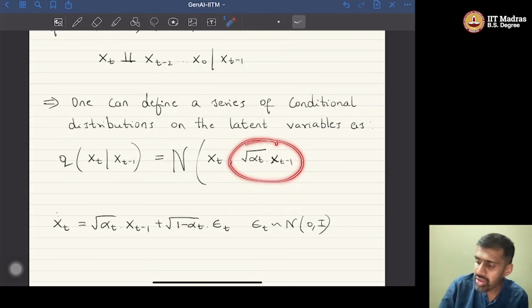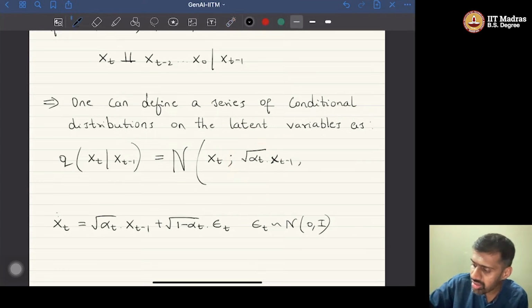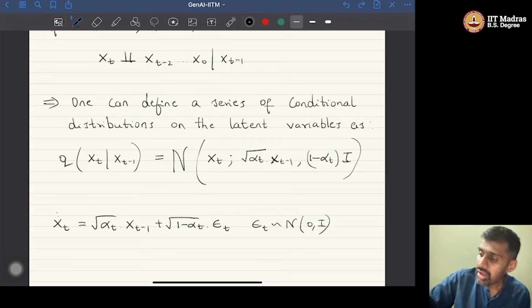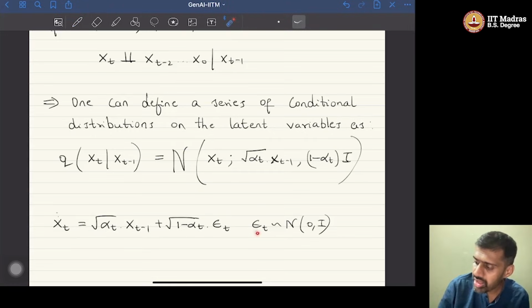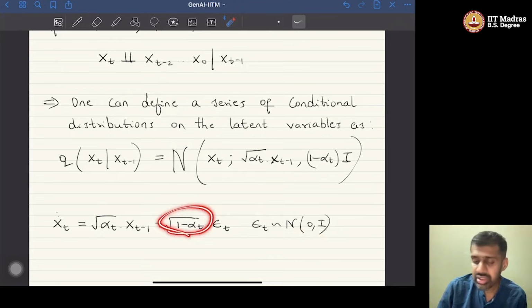So this is the mean of this particular distribution, and the variance is given by 1 minus alpha t times the identity matrix. Why is this? This is because what we are actually doing while defining xt is to take a sample from the normal distribution with zero mean and unit variance, and then scale it by some constant and shift it with some constant.